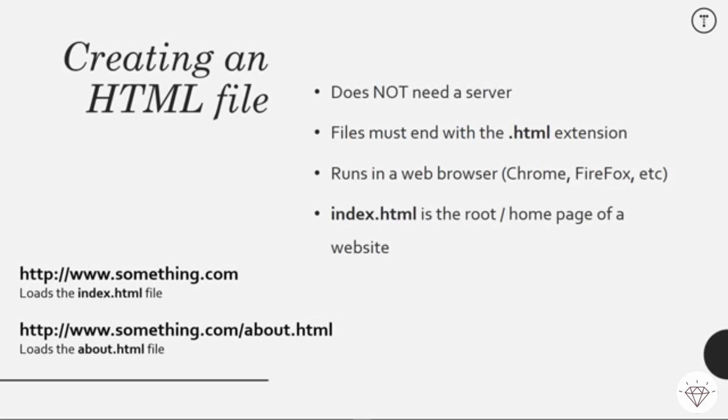Okay, if you upload a file, let's say about.html, that's going to show when you go to something.com/about.html. So the index file will always be the root file or the home page, unless of course you're messing with server settings and you change it, but by default that's the behavior. It's going to look at index.html.